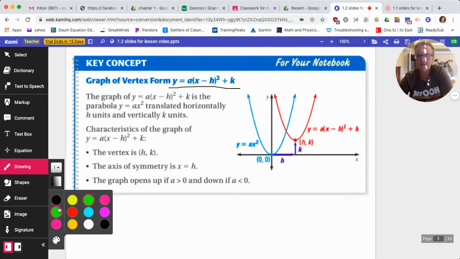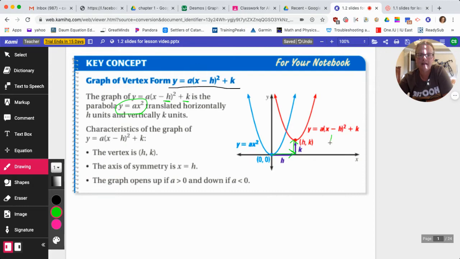So if our parent function is y equals x squared, or y equals ax squared, I'm going to move it h left and right and k up and down. So here, x minus h means I move to the right h and up k.